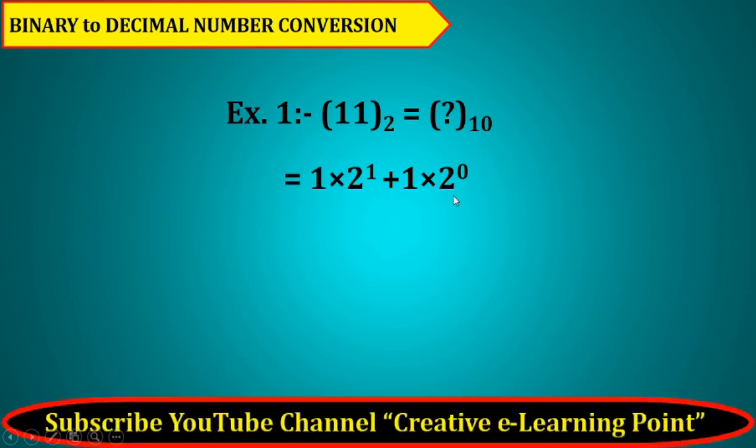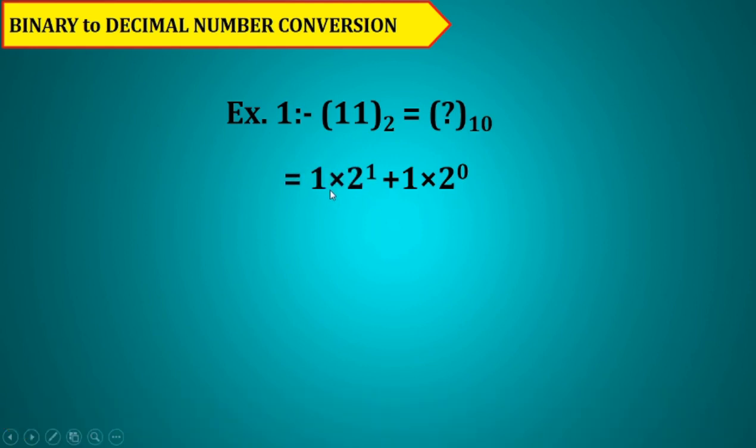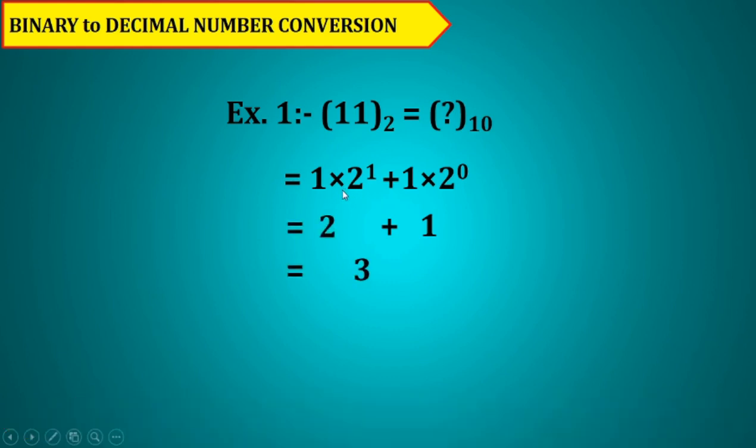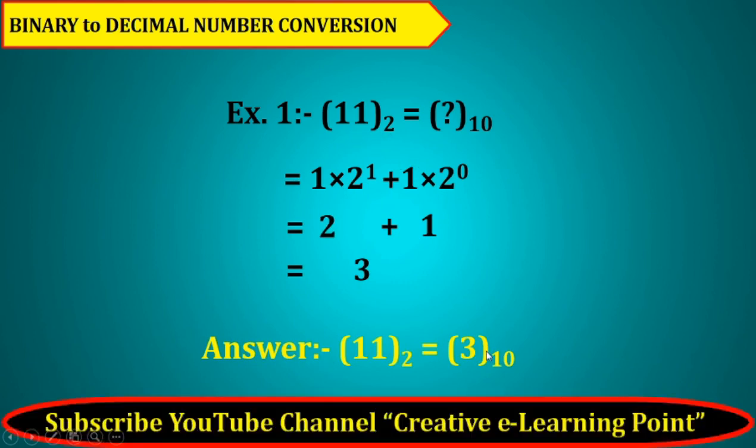The next successive bit will have a value 1 into 2 raised to 1. So 2 raised to 0 is 1, 1 into 1 is 1, 2 raised to 1 is 2, 1 into 2 is 2. This gives us 3. So the corresponding decimal number of 11 is 3.